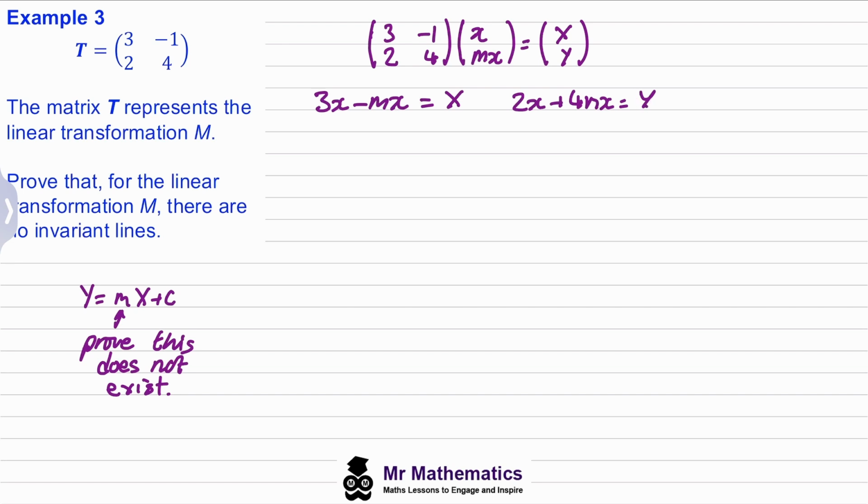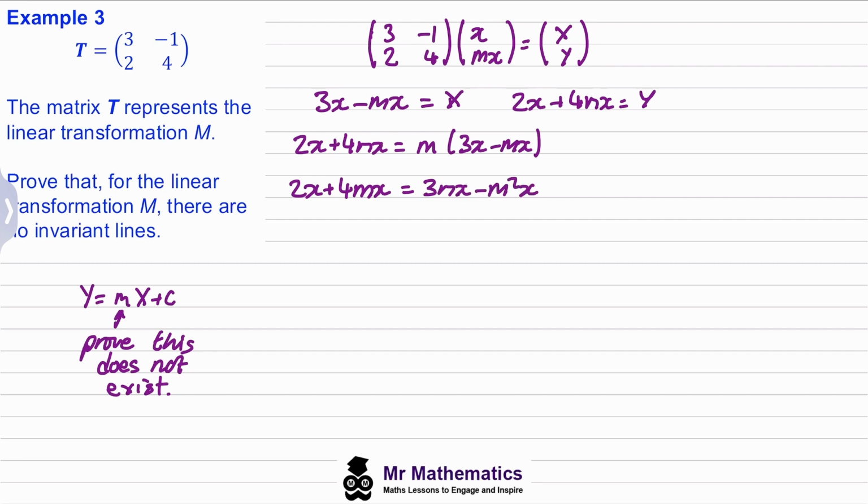Then we'll substitute each of these into this equation. So 2x plus 4mx will equal m multiplied by the x term, and then we'll expand out this bracket. So this will be 3mx minus m squared x.